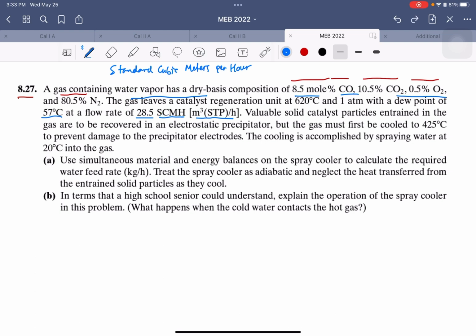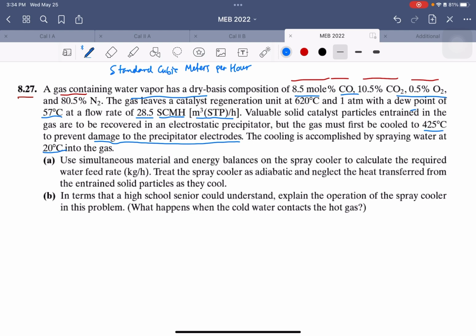Okay. So friable solid catalyst particles entrained in the gas are to be recovered in an electrostatic precipitator, but the gas must first be cooled to 425 degrees Celsius to prevent damage to the precipitator electrodes. The cooling is accomplished by spraying water at 20 degrees Celsius into the gas.